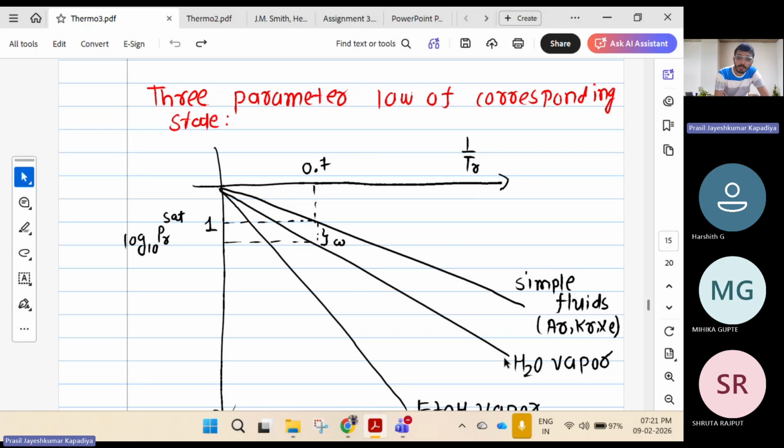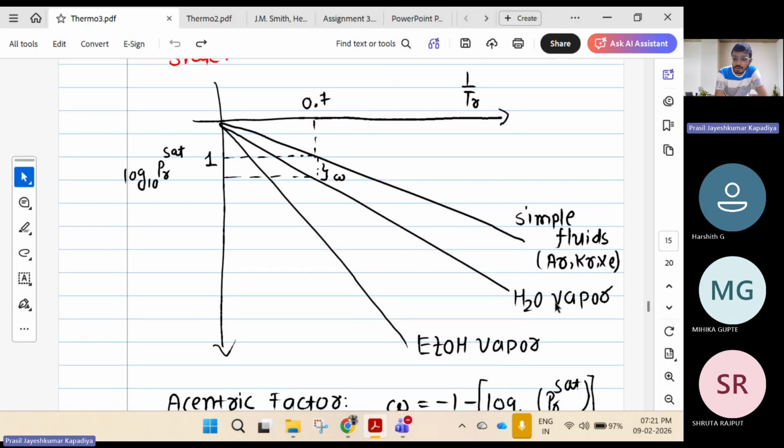But let's say I am going from simple fluids to water vapor and ethanol. If all fluids behaved the same at the same PR and TR, then this should be only one curve for all possible gases. But it is not the same for all gases. It is deviating.